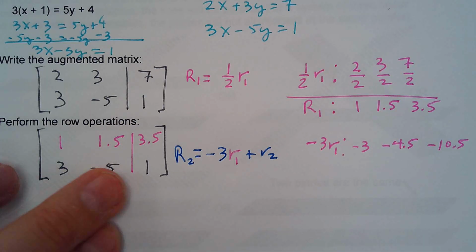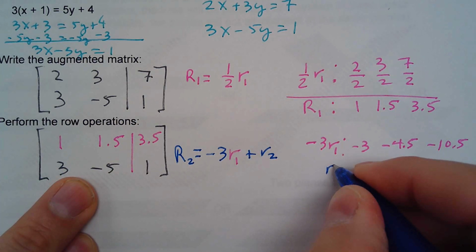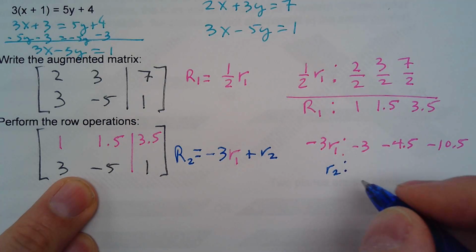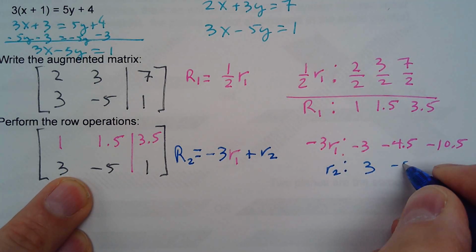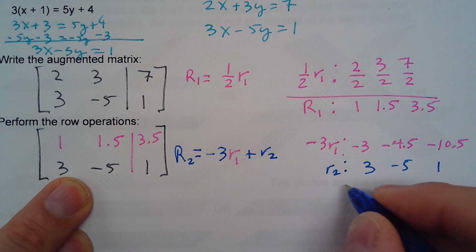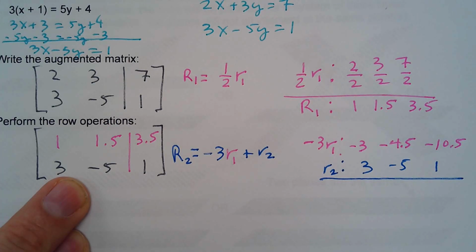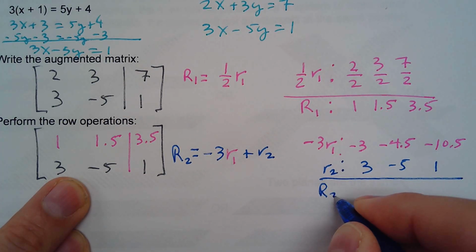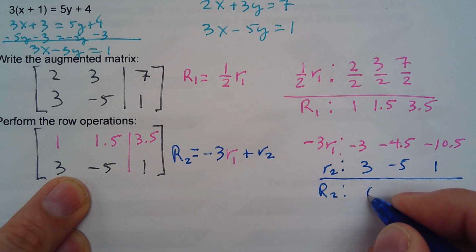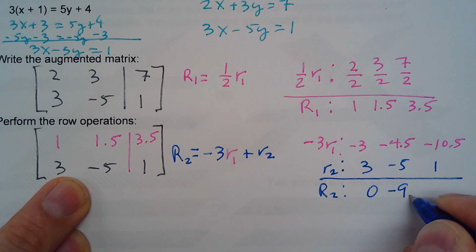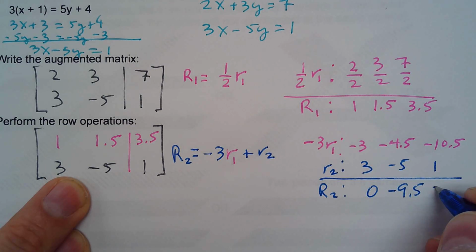I'm going to write down my row number 2, which would be 3, negative 5, and 1. And we're going to add these together. And that's going to give me my new row number 2. So that's 0, negative 9.5, and negative 9.5.